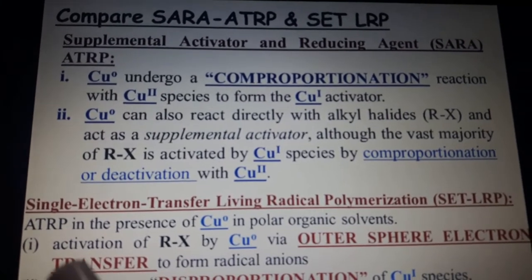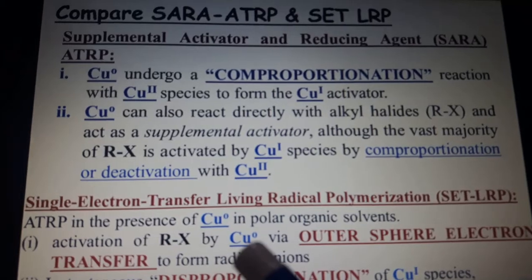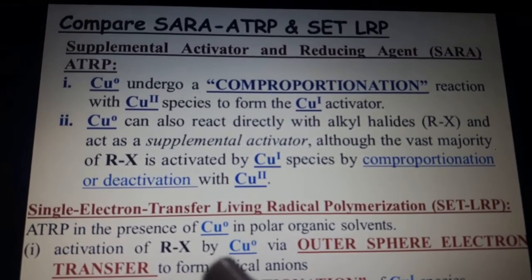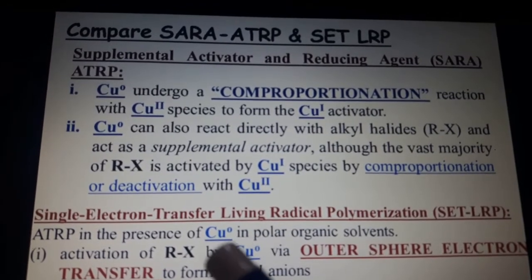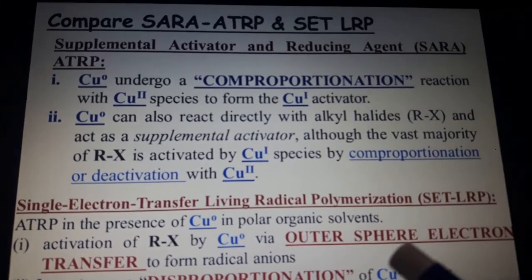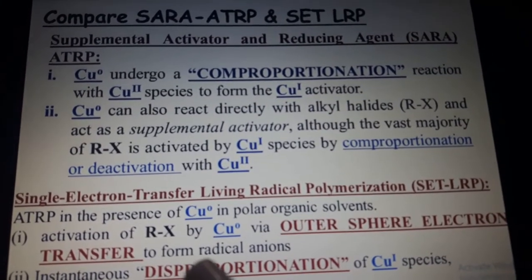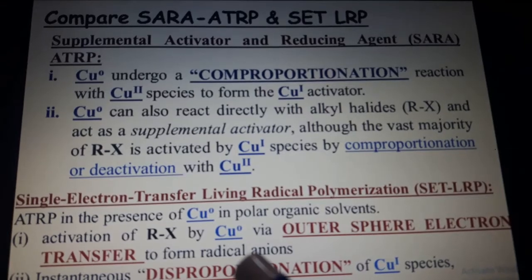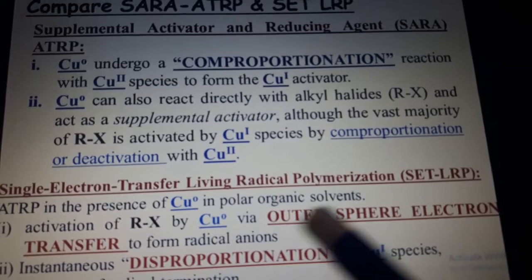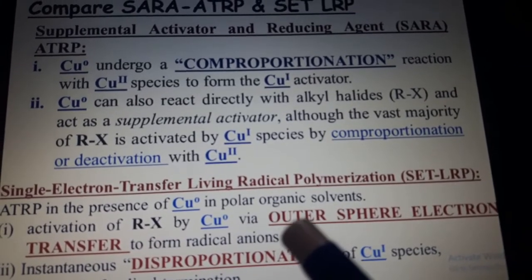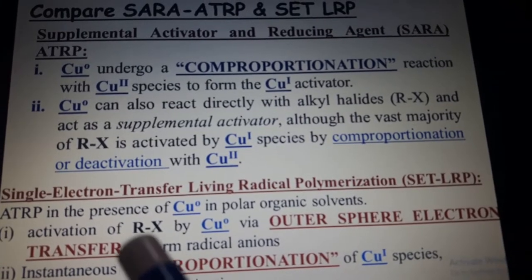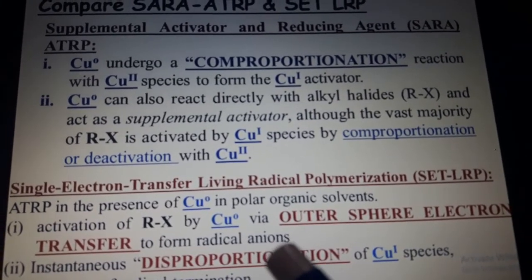So activation of alkyl halide is done by copper wire, or copper is applied in powder state, wire state, or mesh, or different kinds, via outer sphere electron transfer to form the radical anion. So I have to explain what is meant by outer sphere electron transfer, because two mechanisms are used. One is outer sphere electron transfer, another one is inner sphere electron transfer, to form the radical anions.